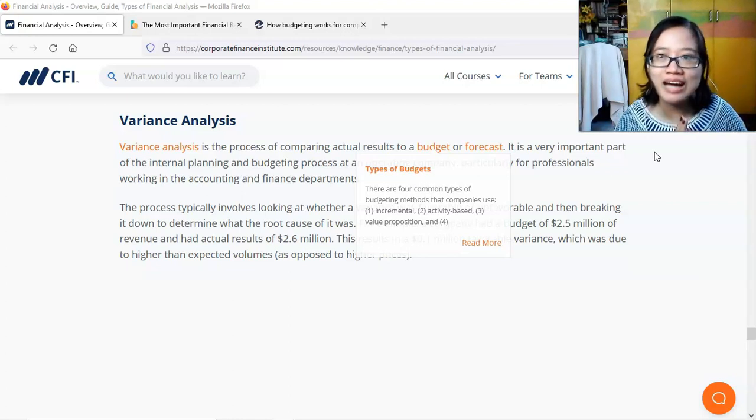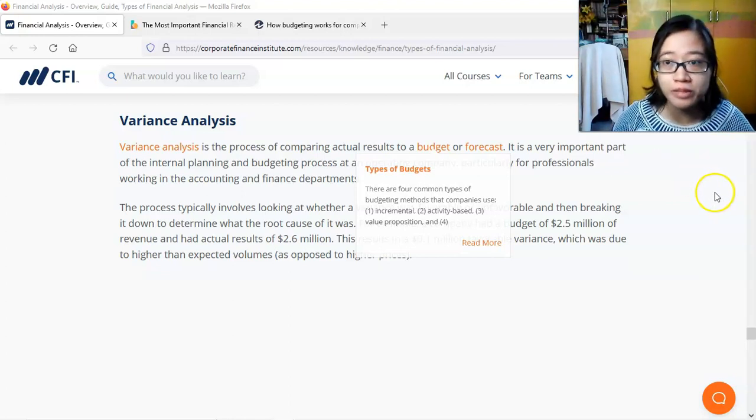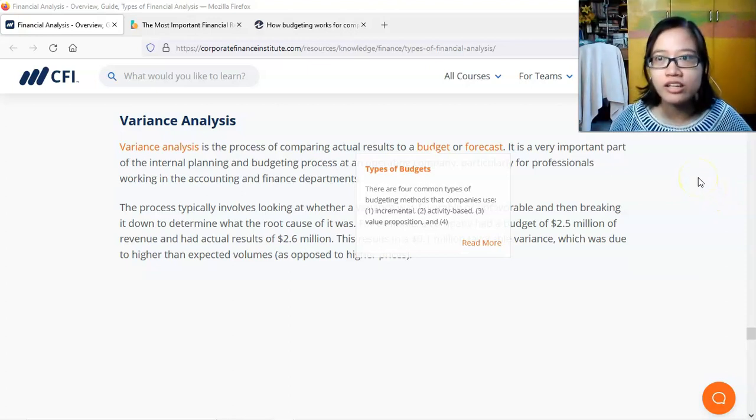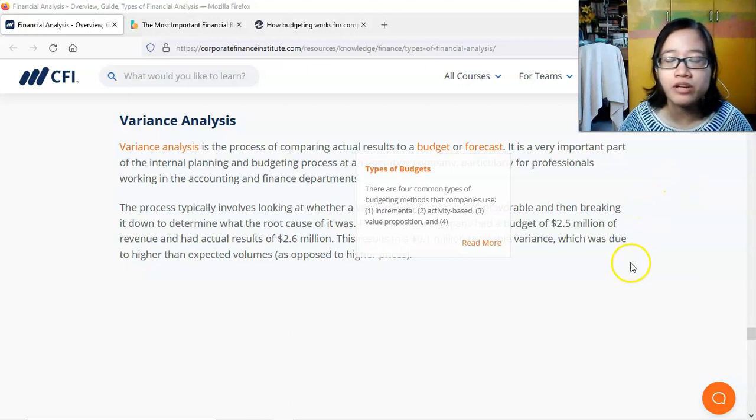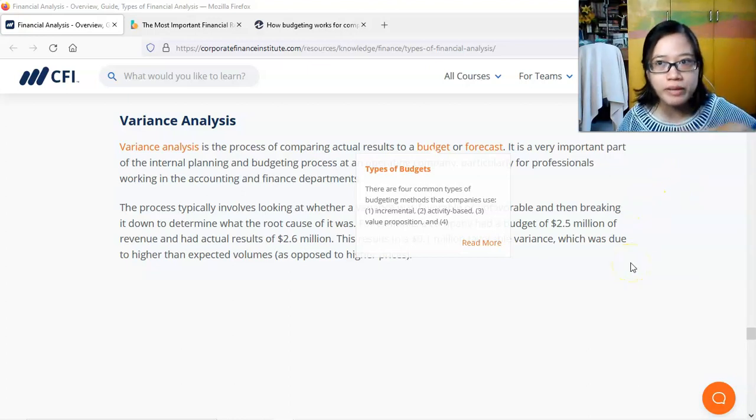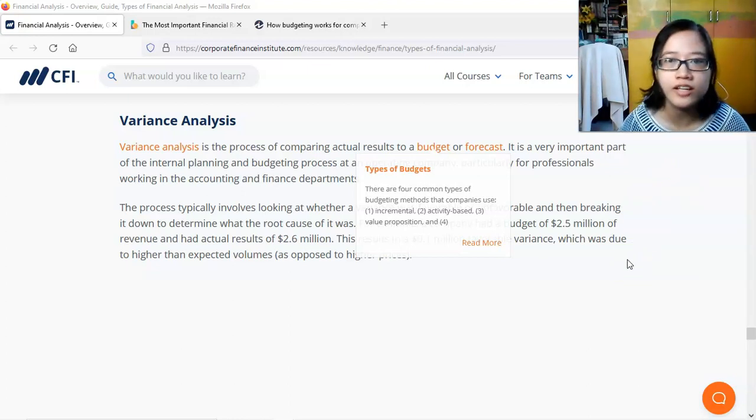I-justify mo muna bakit ka lumampas dun sa budget. Ano yung mangyayari? And bakit kailangan mong i-pursue itong expense item na to although lalampas siya sa budget. Okay, so kung may justification pa na mangyari, i-approve pa siya ng management kung go ba or hindi yung item na yan. Okay, for the most part, kapag within the budget siya, okay lang yan. Okay?